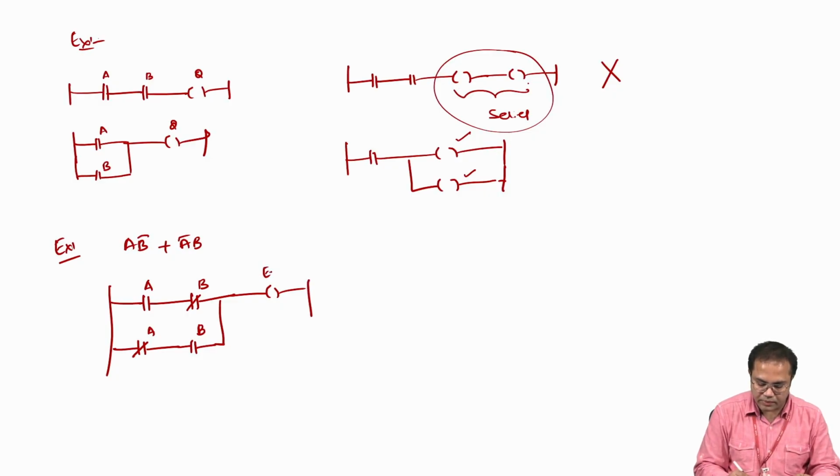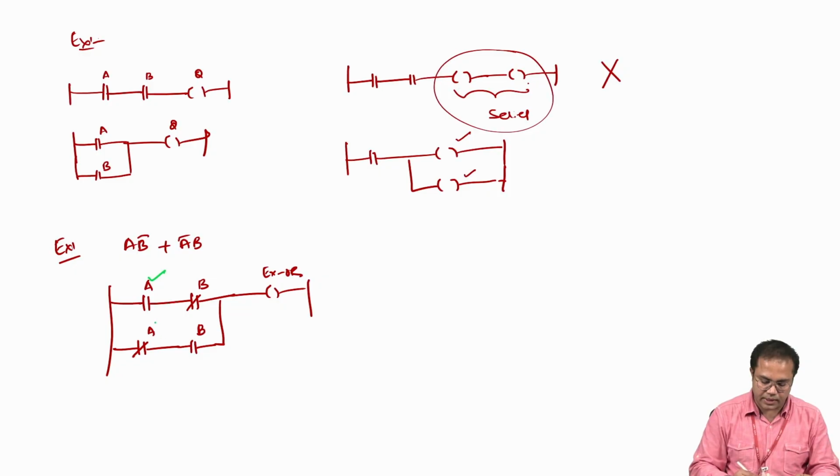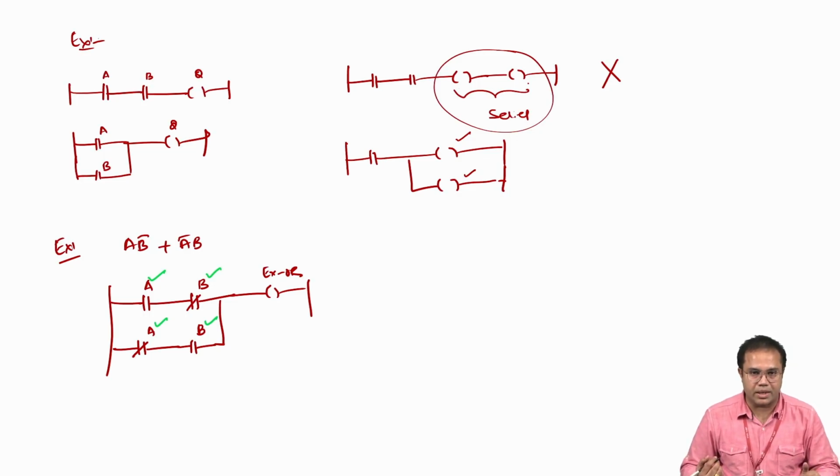So this is XOR. Here I used the input instructions multiple times. I used A here and here, and similarly B multiple times. So it's quite common that we can make use of the input instructions multiple times.